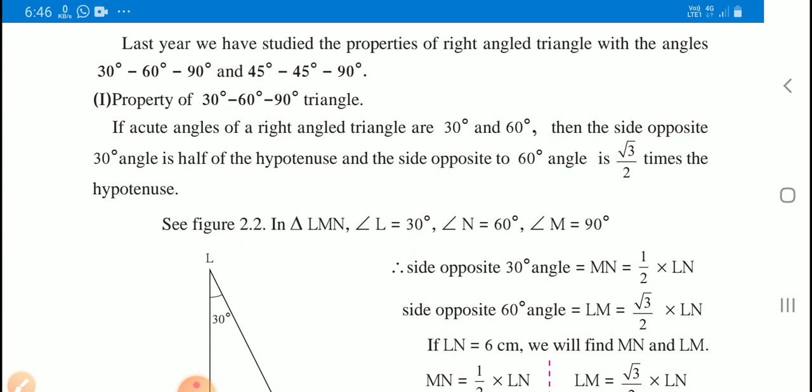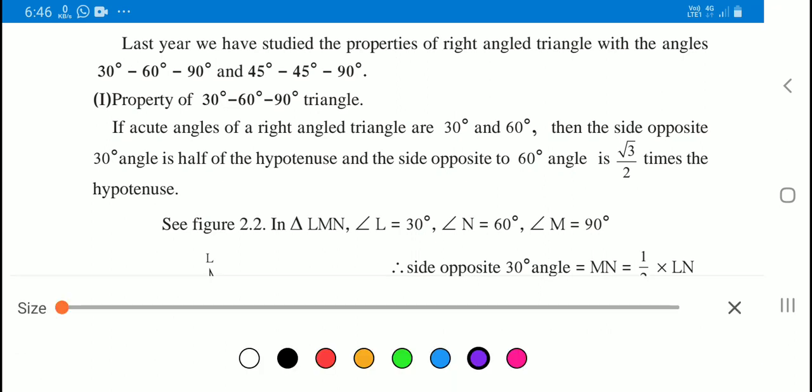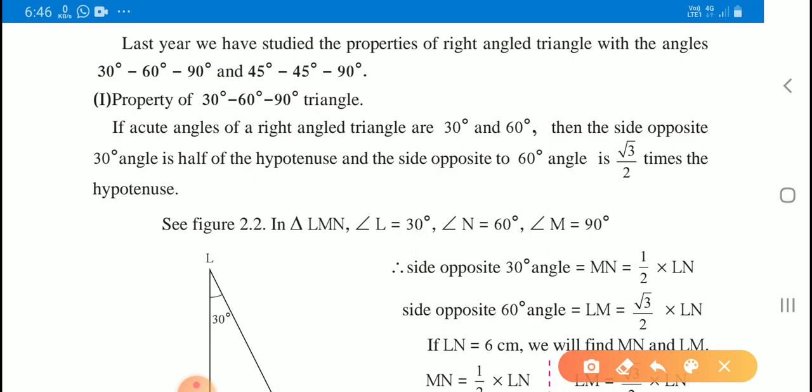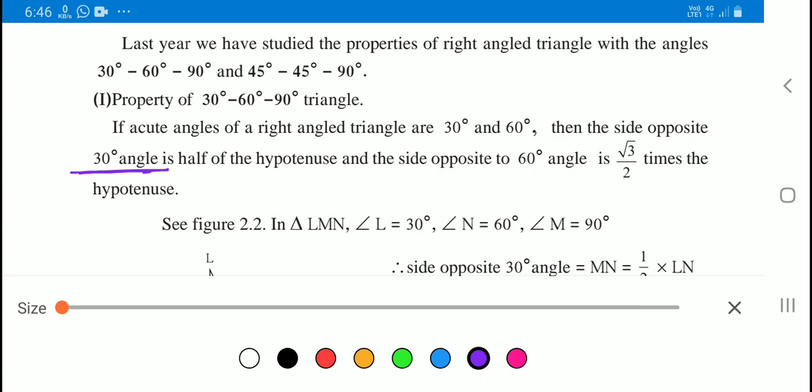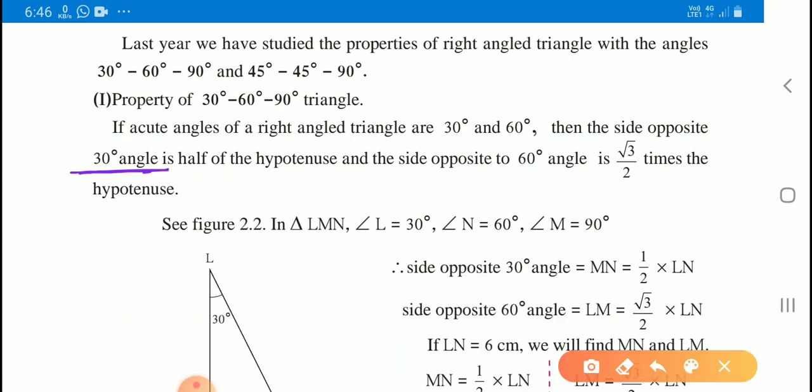I will read it. If the acute angles of a right angle triangle are 30 degree and 60 degree, then the side opposite the 30 degree angle is half of the hypotenuse, and the side opposite to 60 degree is root 3 by 2 times the hypotenuse.